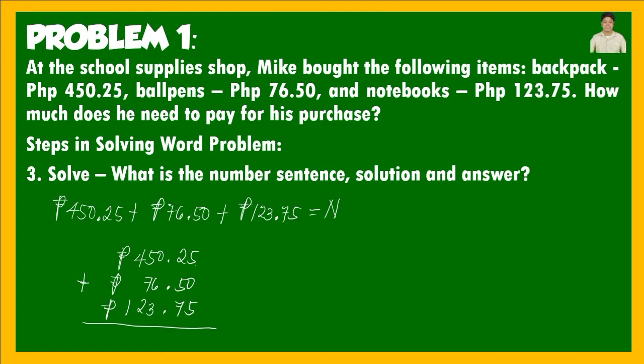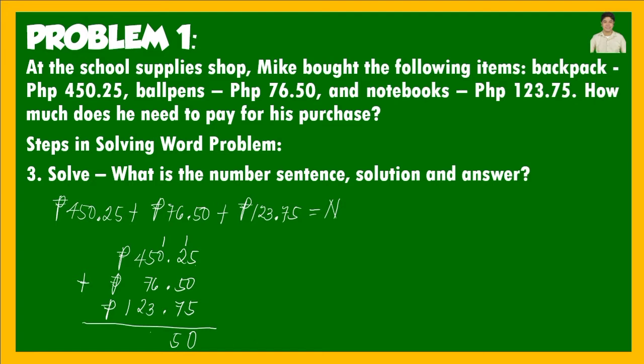5 plus 0 is 5 plus 5, that is 10. Lagay natin 0 and then regroup natin yung 1. 1 plus 2 is 3 plus 5, 8 plus 7, 15. We'll write 5 and then carry 1. 1 plus 0, that is 1, plus 6, 7, plus 3, 10.